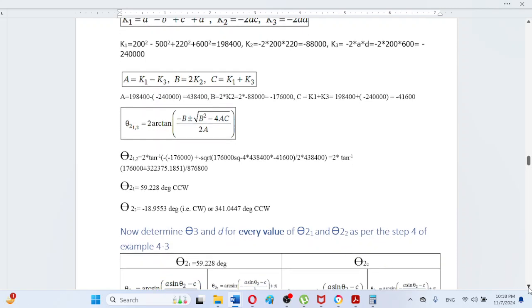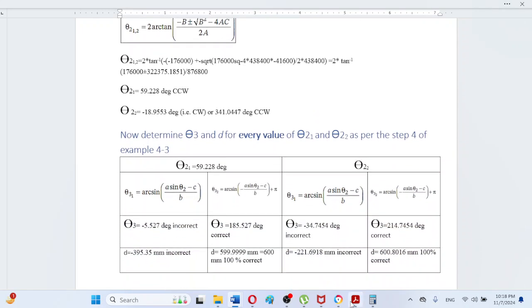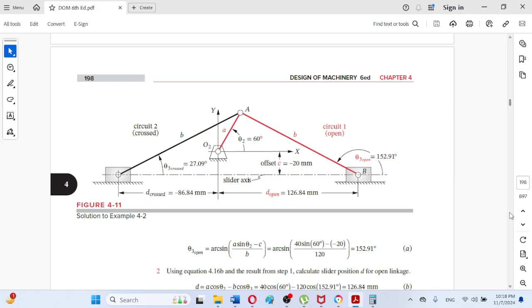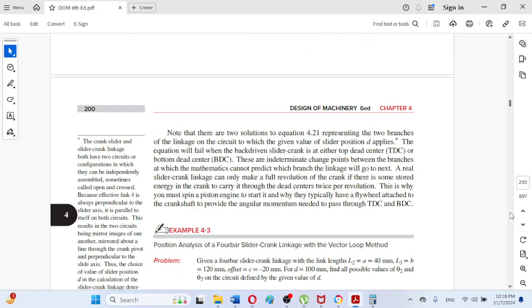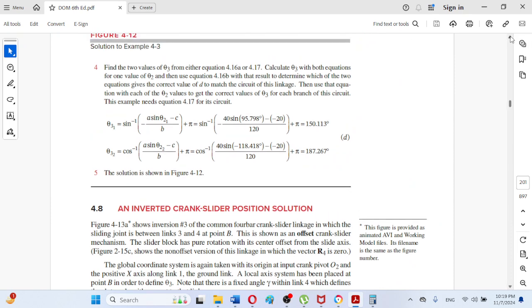But now again, as in the example I will be quoting here, in the fourth step of example 4-3, for which I have already uploaded the videos, he has mentioned to find the two values of theta 3 from either of equation 4.16a or 4.17.